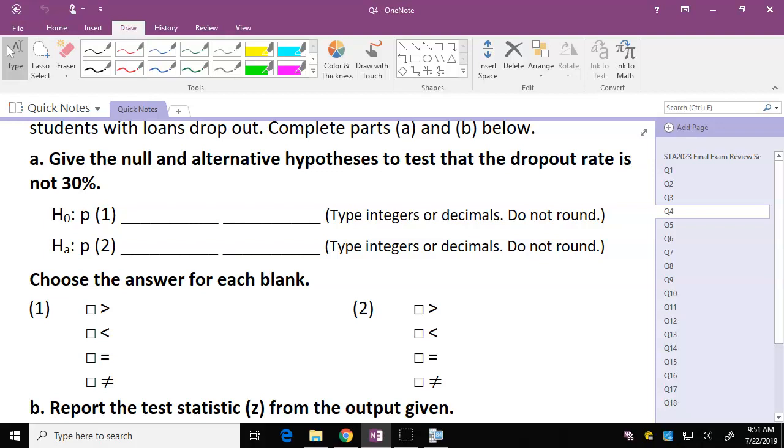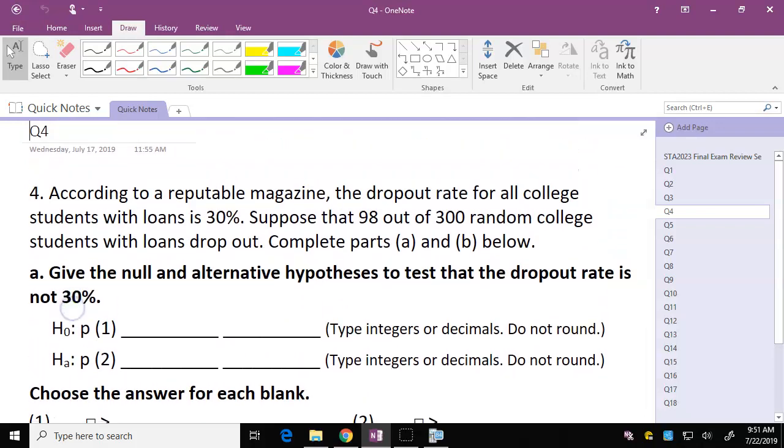It's going to be about the population. What do we know about our population up here? It's the 30%. The 98 out of 300, that's your sample. But what we know about our population is right here. All college students with loans drop out about 30%. So what is this null hypothesis, this H naught, going to be?